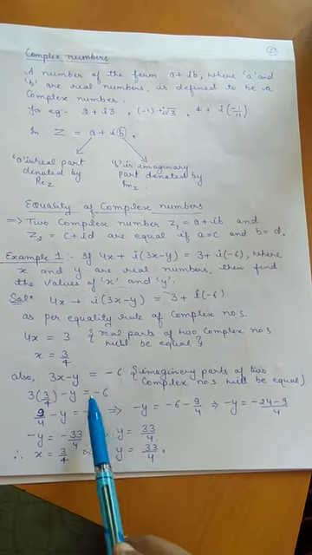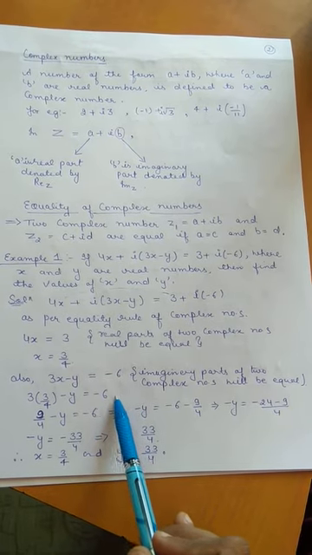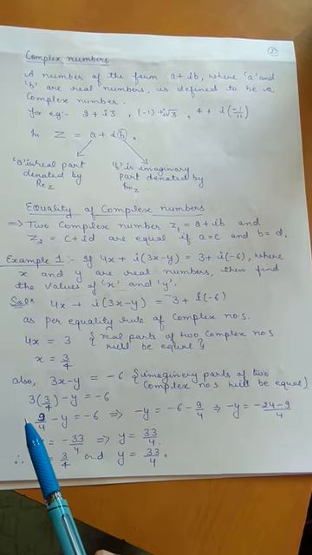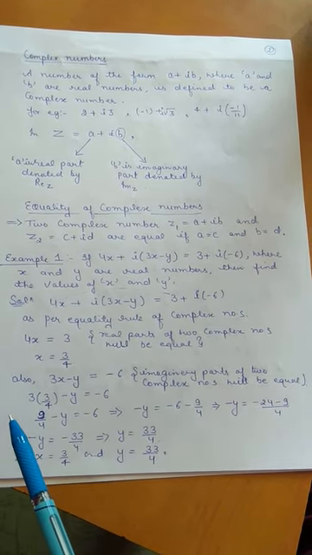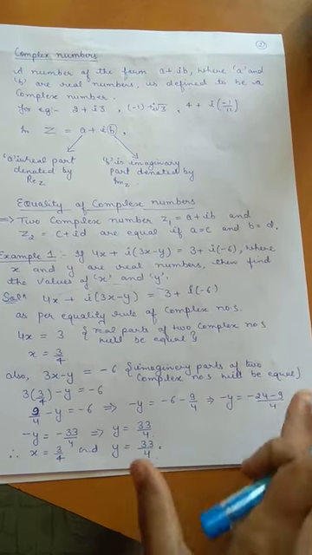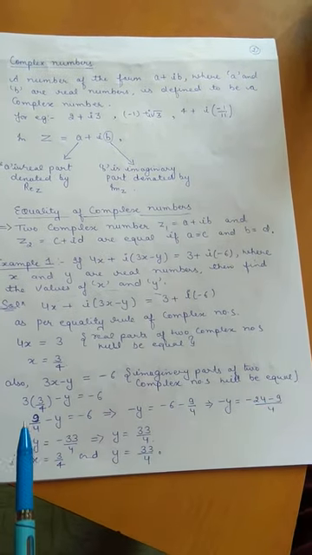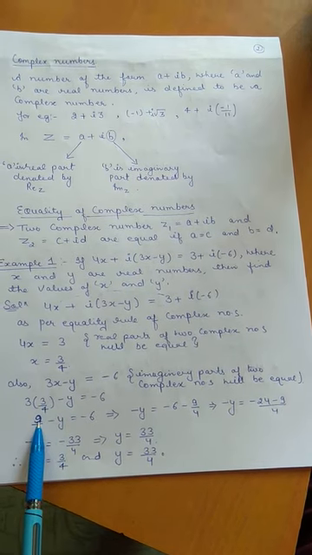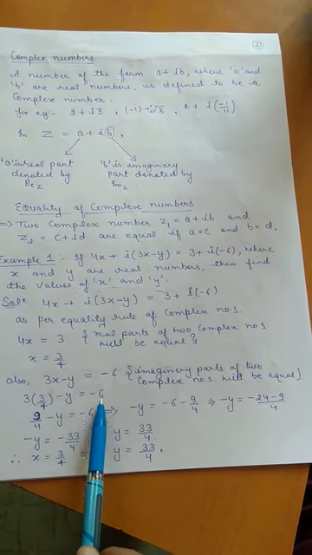Now after this step, everything depends on the calculations which you have learned till 10th standard. If you are good enough in calculations, you will get the answer correct. If your calculations are not good, you may get a wrong answer. So I would request you to make your calculations strong. Here I have done 3 into 3, that is 9 upon 4, and minus y equal to minus 6.